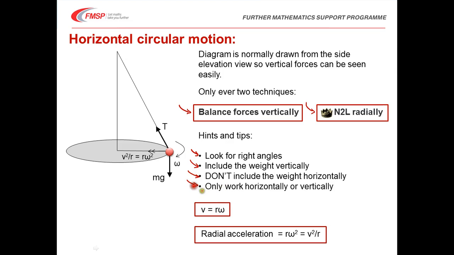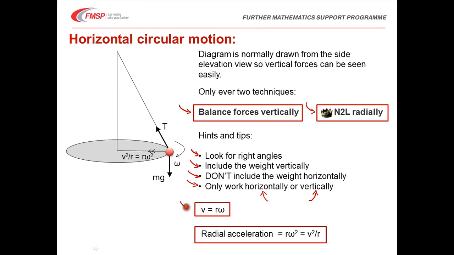And here's the really crucial one. It's absolutely vital that when you're working on horizontal circular motion questions, you only ever consider the acceleration and forces, etc. in the horizontal direction, or the balance of forces in the vertical direction. Any other angle to the horizontal or vertical will cause a problem because it will have components of acceleration which complicate the system.